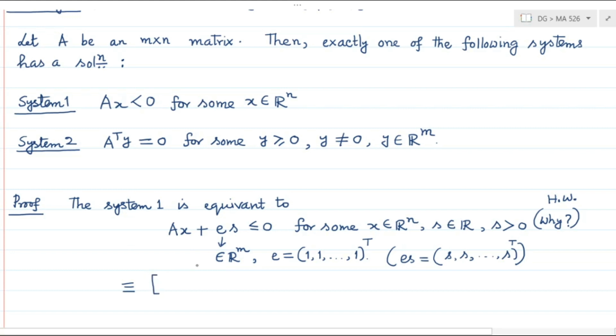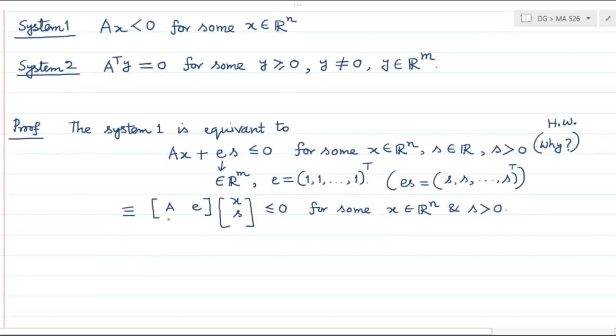We note that we can write this inequality as the matrix A with one more column e, times the vector (x, s), less than or equal to 0, for some x belonging to Rn and s a scalar greater than 0. Fine. This is your system 1. And then obviously this is the matrix A in the Farkas lemma, and the variable has n plus 1 components: x together with s.